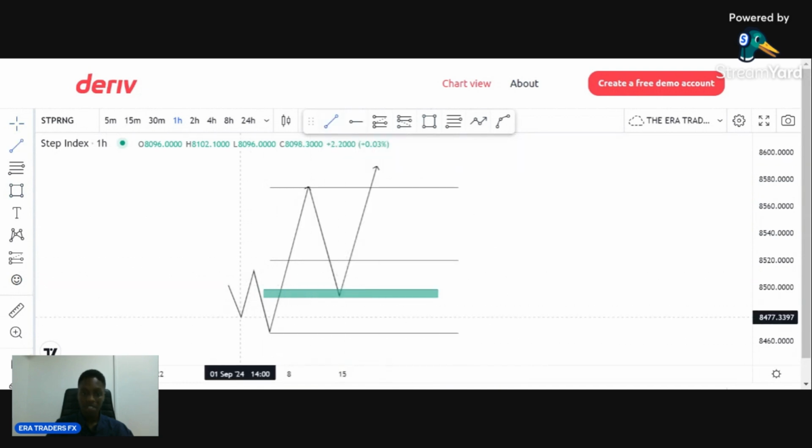This is after your sweep and your break. You wait for price to come down. There's also a secret way to use Fibonacci, which I'll share later, but not now. But for this, you can be very profitable.